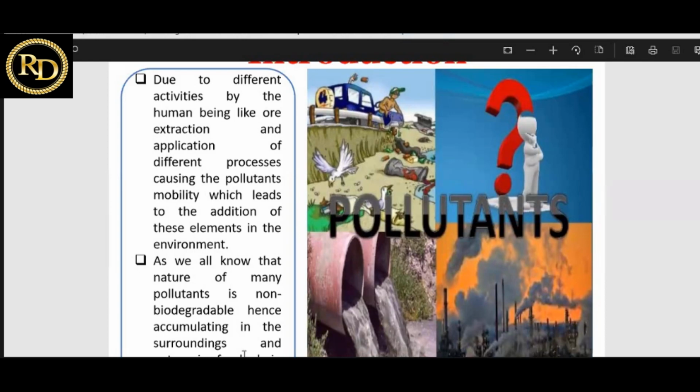So my purpose is that this type of metal should be removed at least from the agriculture farm. Suppose I would like to tell you in the case of cadmium. Cadmium mostly comes from the phosphatic fertilizers because the sources of phosphatic fertilizer are rocks.